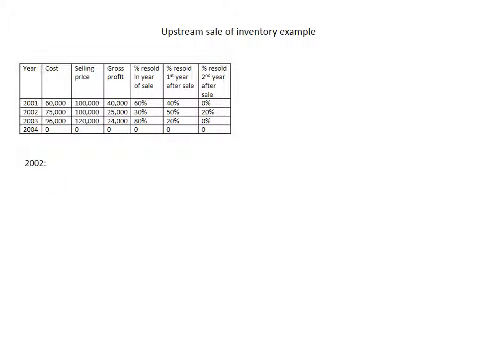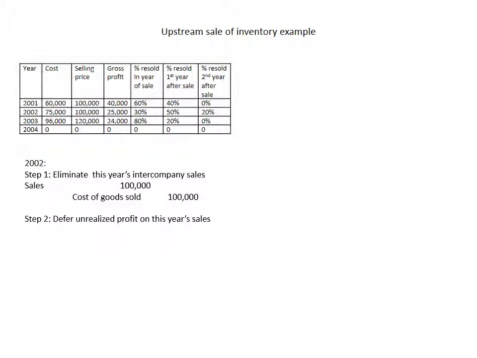Okay, 2002. We have to go through the same drill. Step 1, eliminate this year's intercompany sales. The intercompany sales revenue is again $100,000, so we reduce sales and cost of goods sold by $100,000. Step 2, we have to defer the unrealized profit on this year's sales. Looking at the 2002 line in that table, there's a $25,000 gross profit this year. 30% of the merchandise has been resold.